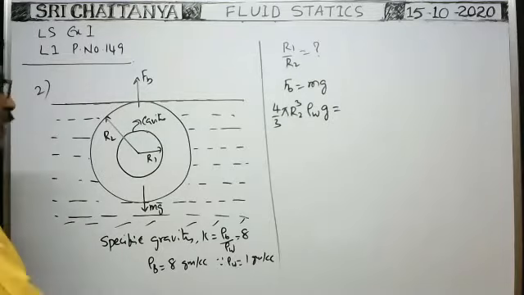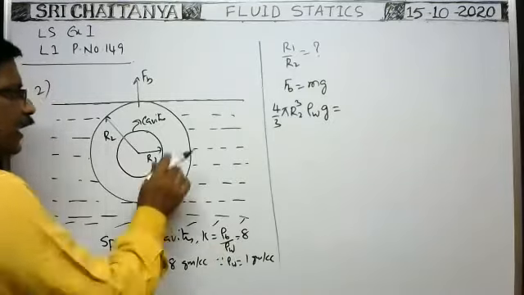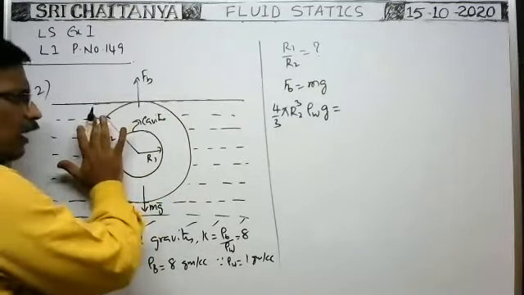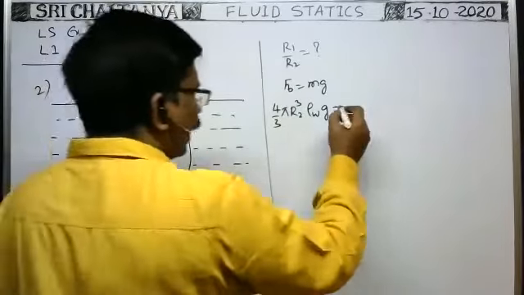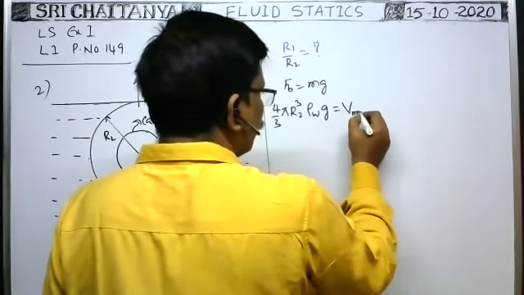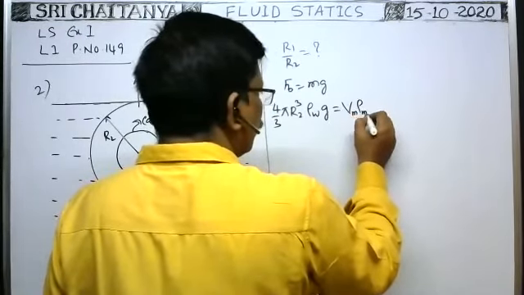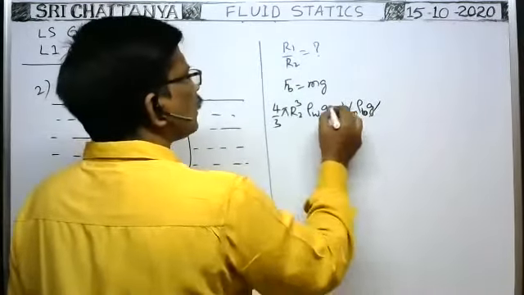Mass of the sphere means the density of the material of the sphere is given. But here, the mass of the sphere does not occupy the total volume of the sphere, as the cavity is there. Actually it is volume of the material of the sphere into density of the material, or density of the body, into g. That is the formula. So g cancels.